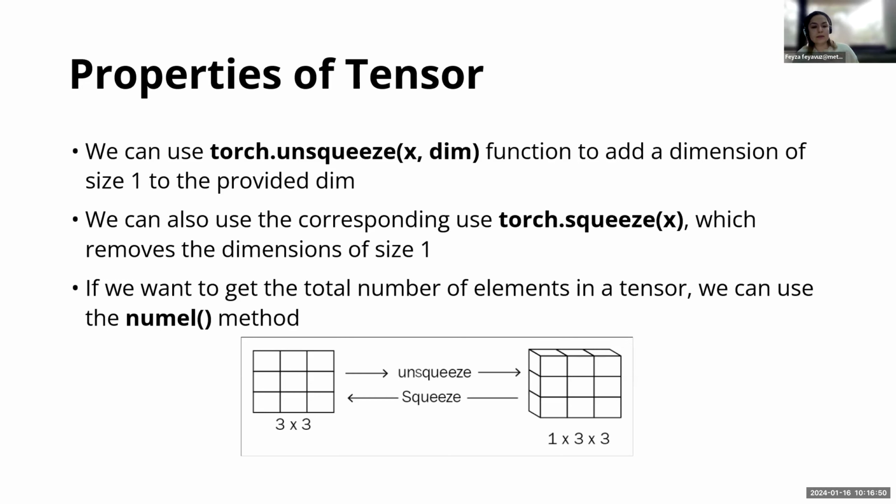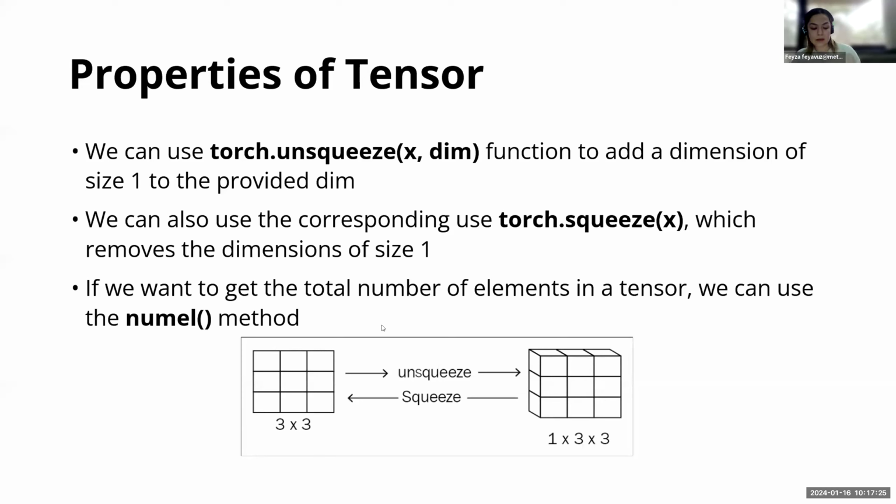If we have a 3-row, 3-column tensor and apply an unsqueeze operation, then we have an additional dimension of size 1 at the beginning of the tensor. Likewise, we can use torch.squeeze to remove the additional dimension. This is 2D, this is 3D, and we can use squeeze to convert this 3D tensor to a 2D tensor.